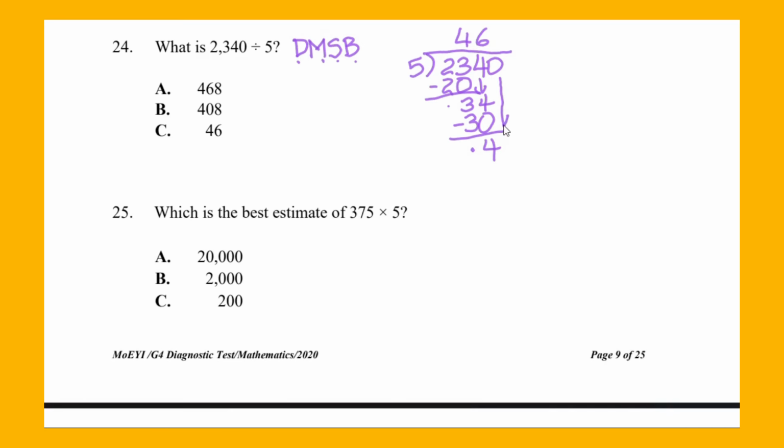Let us take down the final digit, which is a 0. 5 into 40 goes 8 times, and 8 times 5 is 40. So when we take 40 from 40, we're left with nothing, and so the answer is option A, 468.